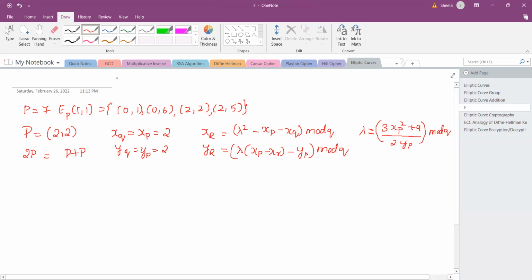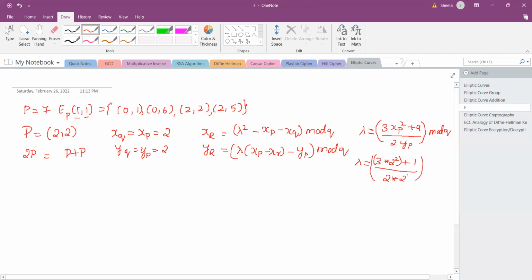Now, from this elliptic curve group, we know that a is equal to 1 and b is also 1. So according to that, lambda equals 3 into 2 square plus a, which is 1, divided by 2 yp, where yp is also 2.